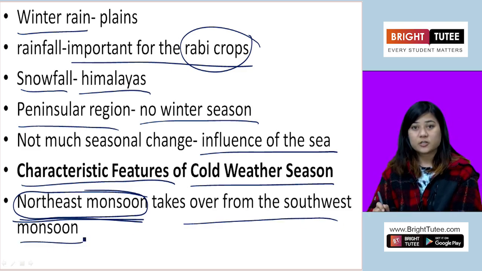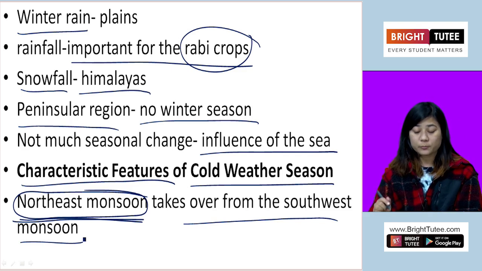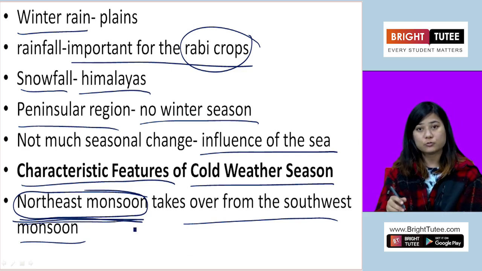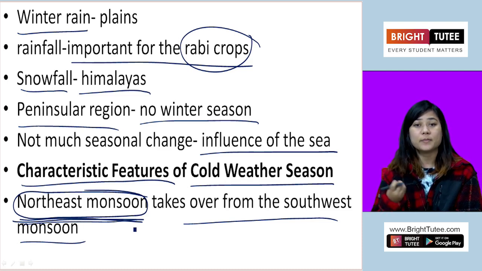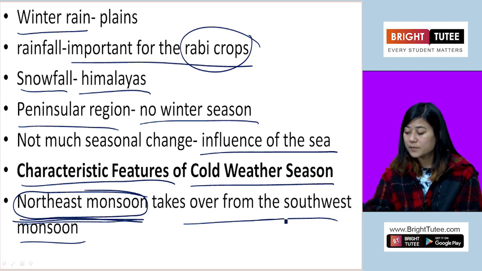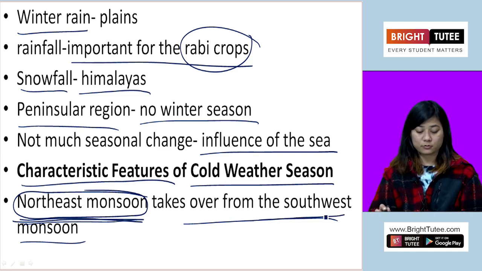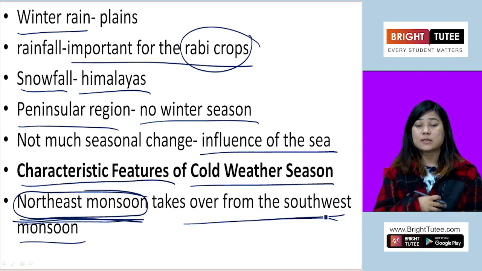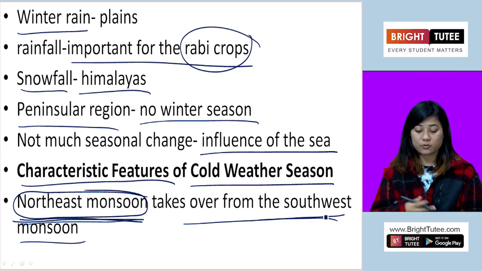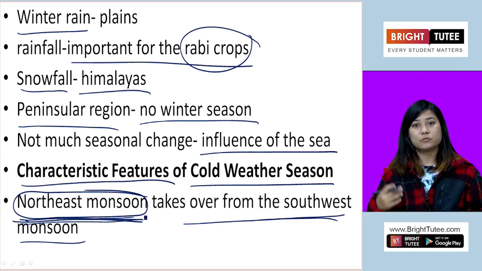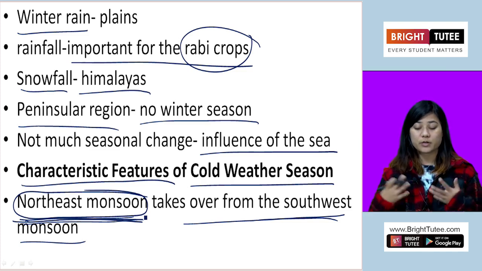The southwest monsoon is the prominent wind in the hot weather season, but in the cold weather season, it's the northeast monsoon which becomes prominent.